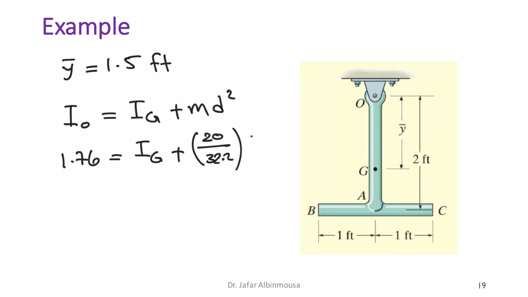And then we have d square as 1.5 squared, because the body is rotating about point O, but we would like to determine its moment of inertia about point G, which is at a distance of 1.5 from the center of the rotation.